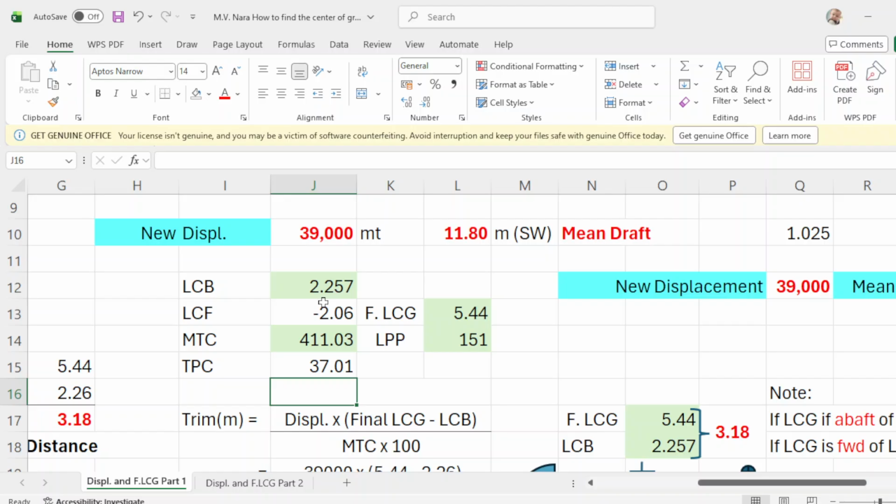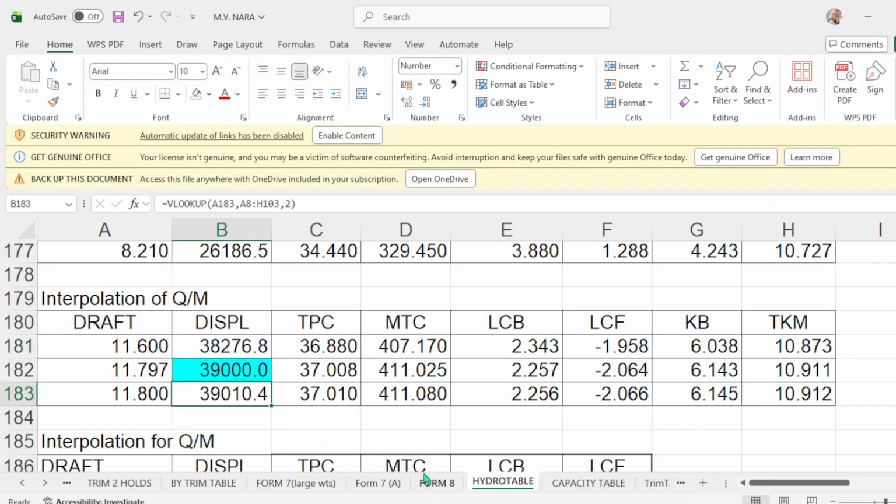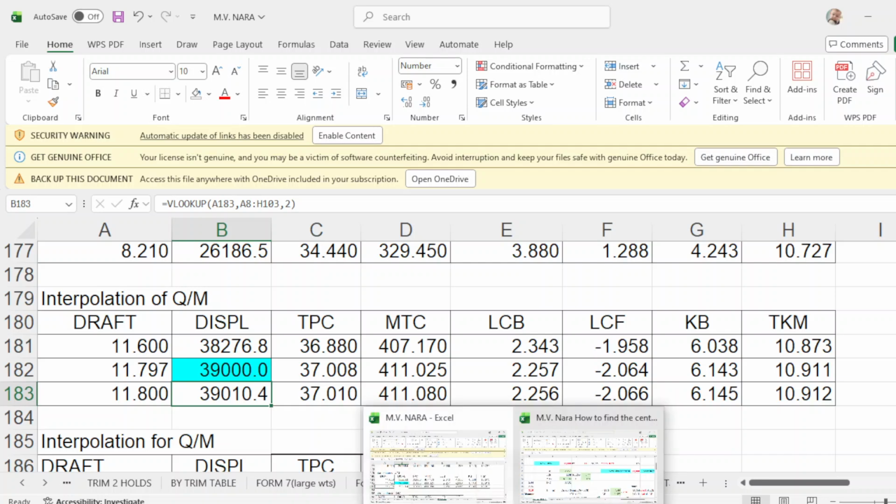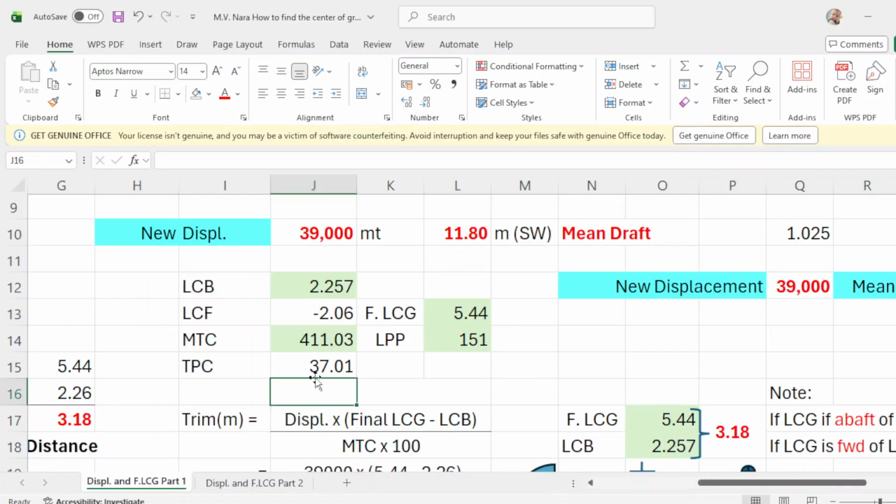LCB, what is the LCB of this draft? LCB is 2.257, or 2.26. The TPC is 37.008. Your LCF is negative 2.06.